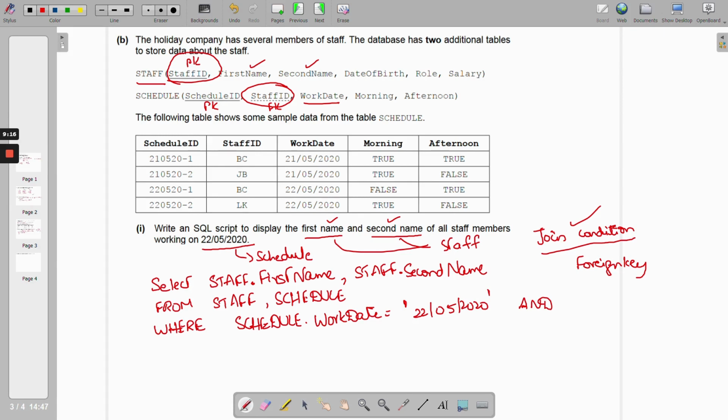Join condition will be table name dot field name equal to table 2 name dot field name. So here staff dot staff ID is equal to schedule dot staff ID. So this would be the query for the question.